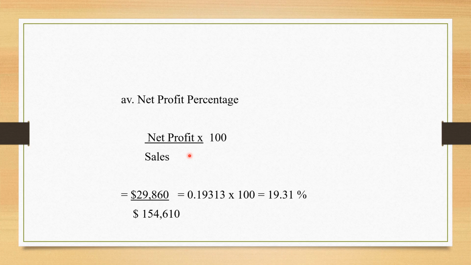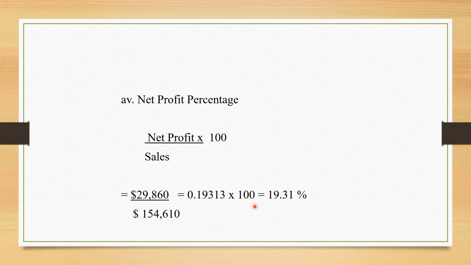So we pull the net profit of $29,860 and the sales figure of $154,610 to get an answer when we divide of 0.19313. We multiply that by 100 because we must list our answer as a percentage.